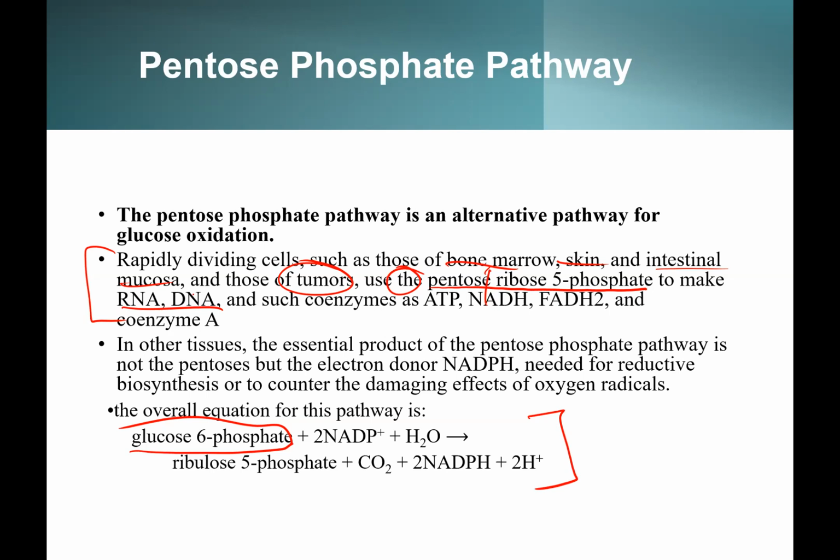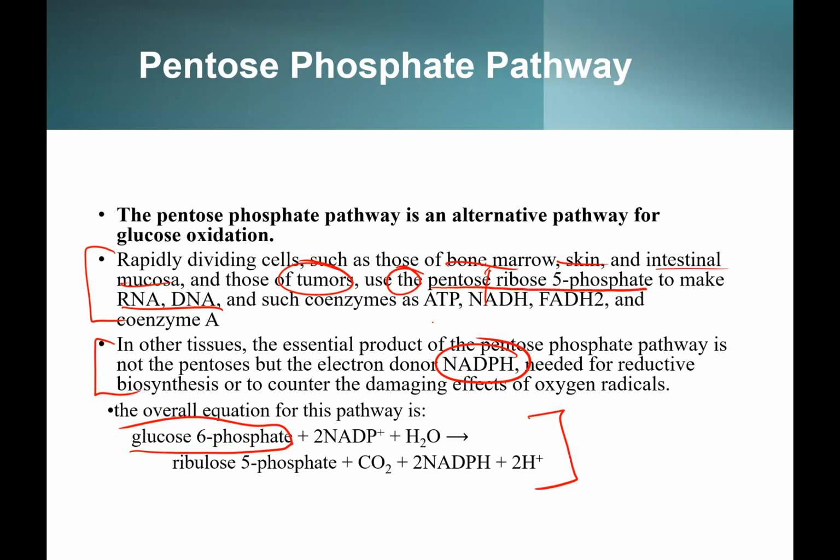That's one possibility. The other possibility, in other tissues not necessarily rapidly dividing, is that the essential product of the pentose phosphate pathway is the electron donor NADPH. This is needed for biosynthesis that depends on reduction, or actually, interestingly, to counter the damaging effect of oxygen radicals.